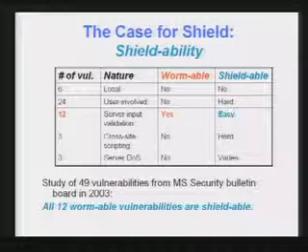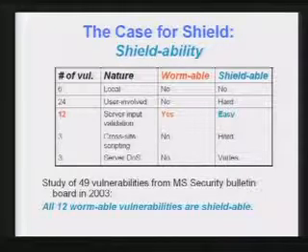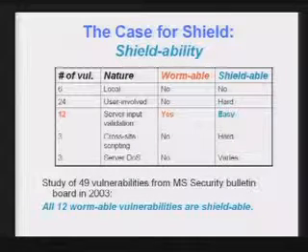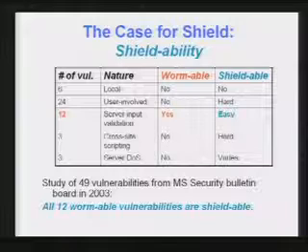Basically, it's like network traffic exploiting, say, a buffer overrun in the backend server. For all these kinds of vulnerabilities, Shield can provide easy protection. Basically, Shield is very good for network exploitable security goals.